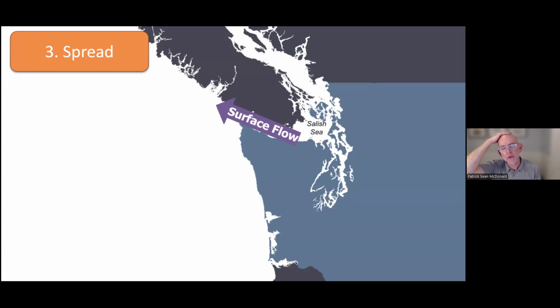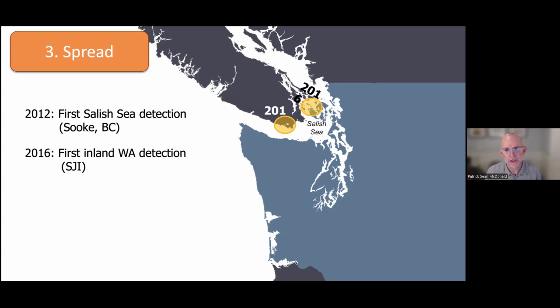And until around 2012, we had a reprieve within the Salish Sea, and that was because surface flow out of the Strait of Juan de Fuca moves from east to west. It wasn't until a population became established in 2012 in Sooke Inlet that we started to become worried. And then we had our first detection within the inland waters of Washington State in 2016.